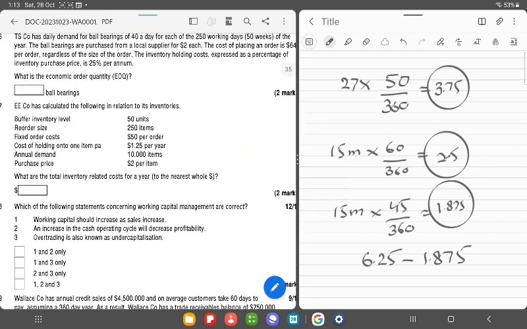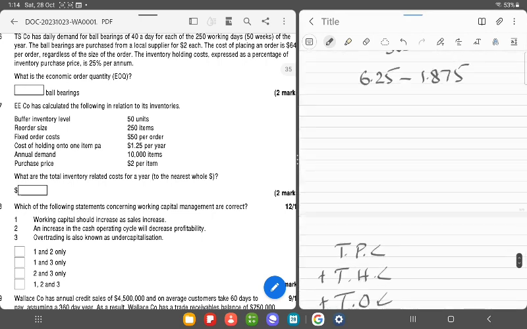Now it will be the next question where you have been given the buffer inventory level, reorder size and all other things, and they have asked what the total inventory cost is. For the total inventory cost, we have to add the total purchase price plus total ordering cost plus total holding cost.